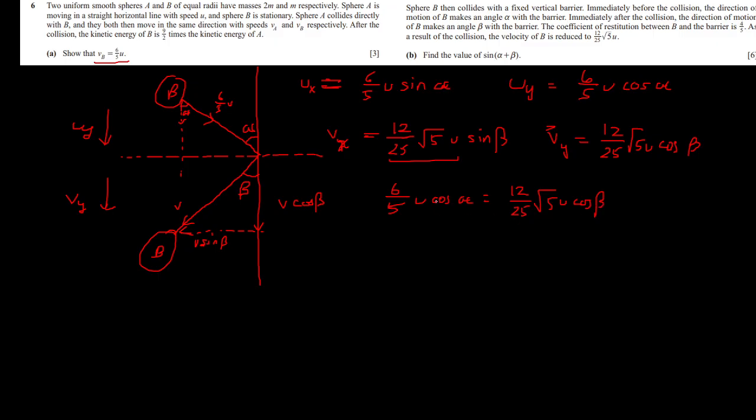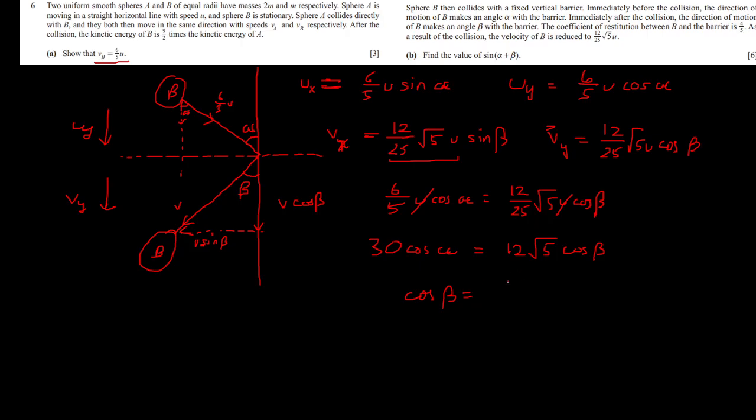Now we need to perform a few calculations. We can cancel u out, and we can multiply 25 all throughout. 30 cos alpha equals 12 root 5 cos beta. Let's isolate cos beta first.